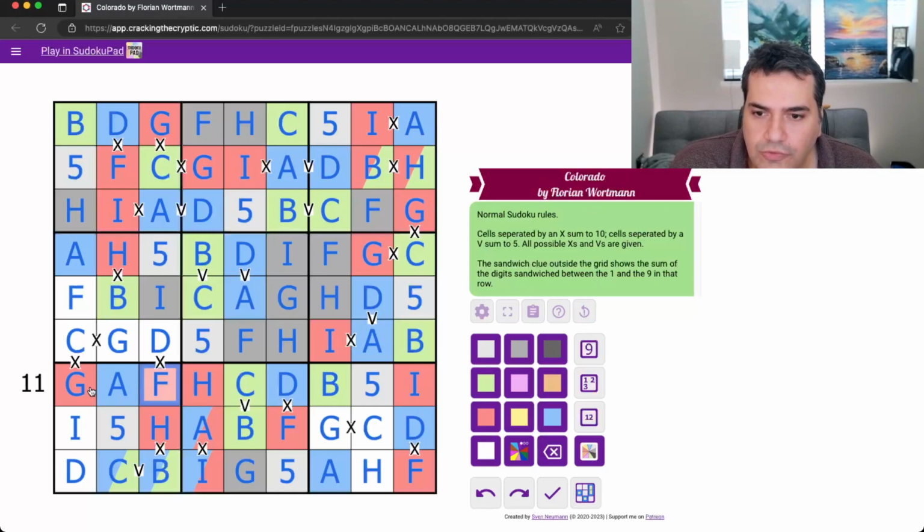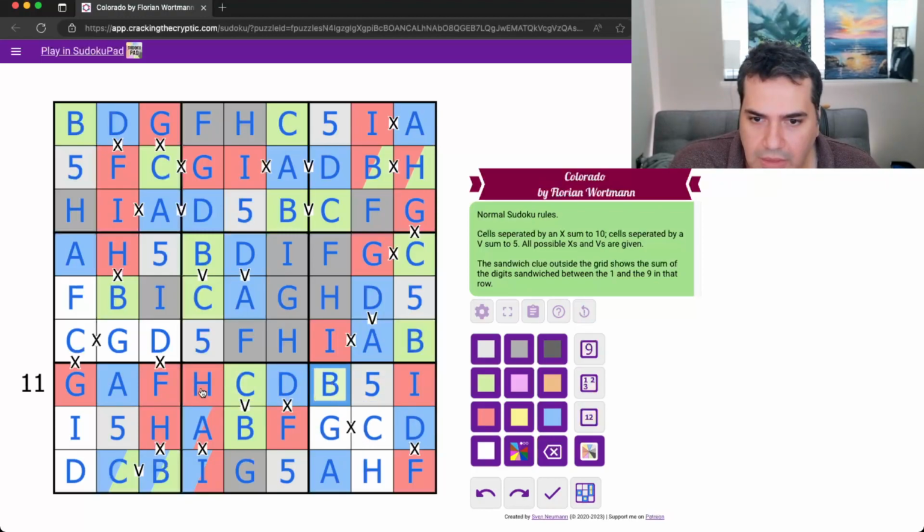So we're looking for a pair of digits, pair being an A and an I to represent the 1 and 9. That's a maximum of 3, but also a minimum of 2. You can't have a single cell Sudoku that's 11. So we know A and I are not 1 and 9 because there's far too many digits in between.